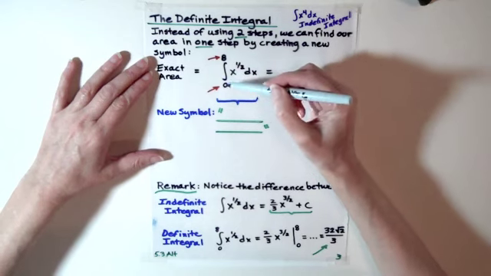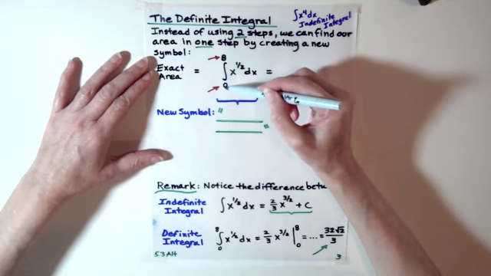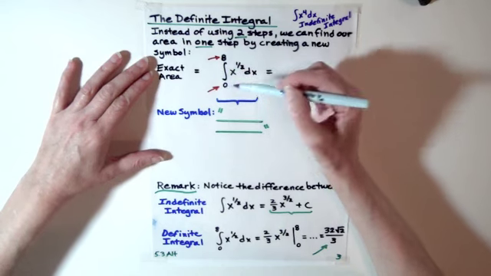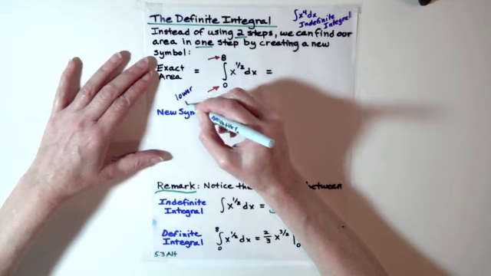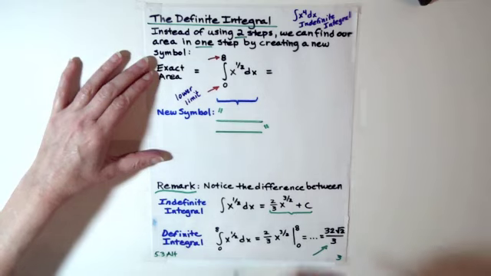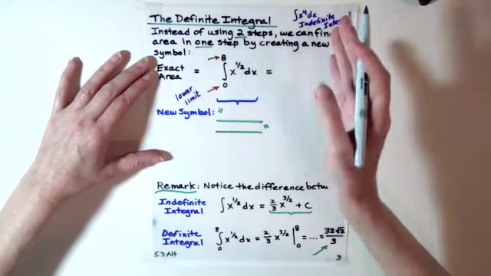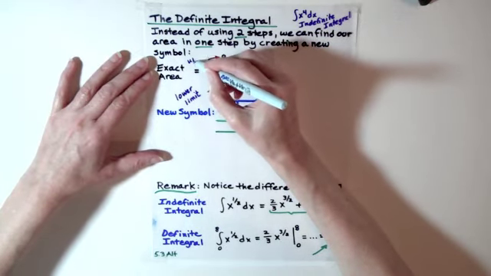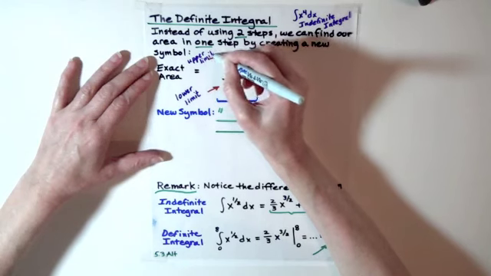But we add these things at the bottom and the top of our integral sign. I put 0, that's my a value, at the bottom, and it is called the lower limit of the definite integral. And I put 8 at the top, that's our b value, that's where our interval ended, and that's referred to as the upper limit of our definite integral.